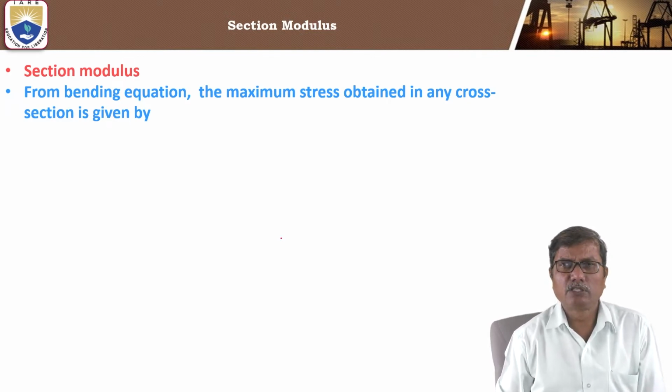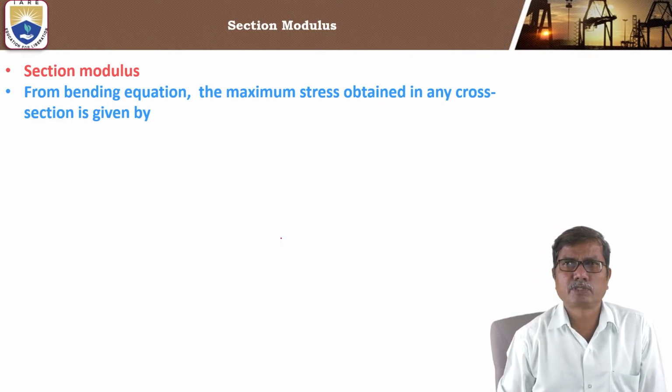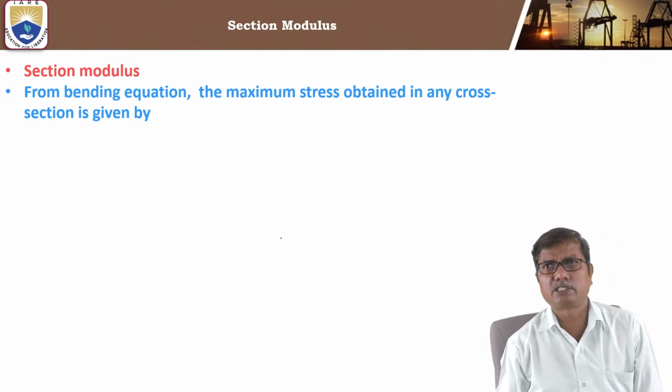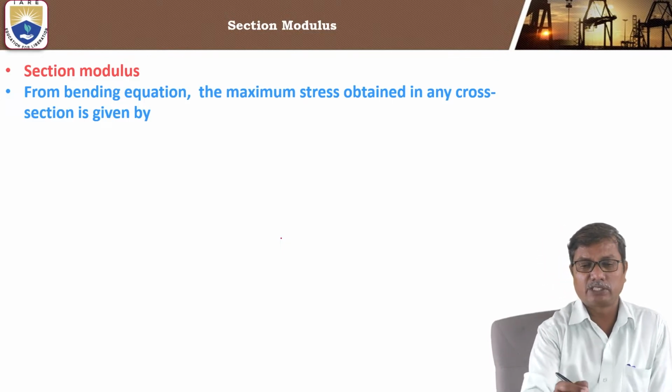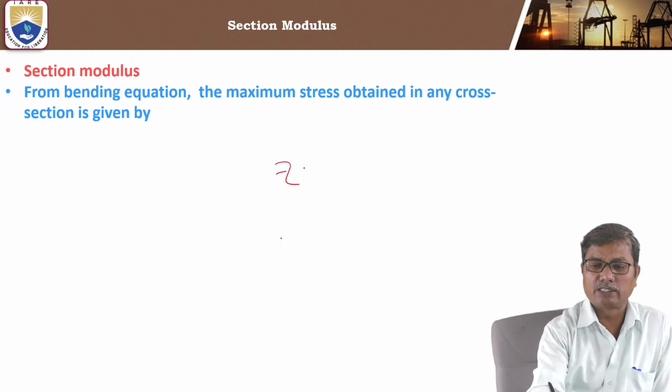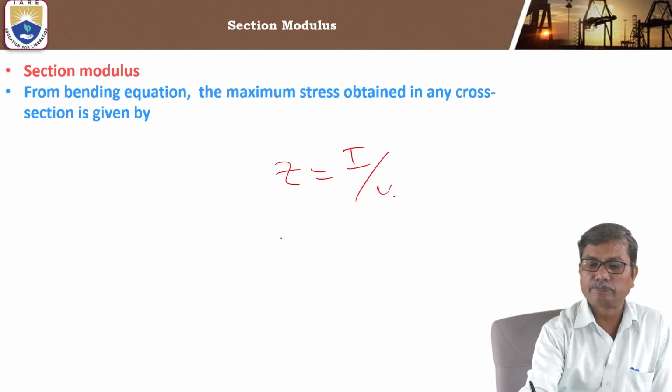Knowing the position of the centroid, we will know y maximum. Once you know y maximum and the moment of inertia, or second moment of area, we can find the section modulus as I by y maximum.